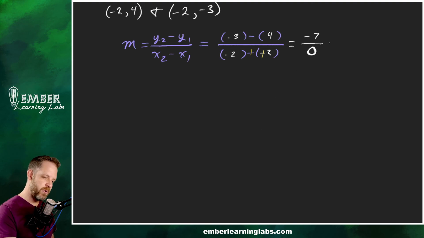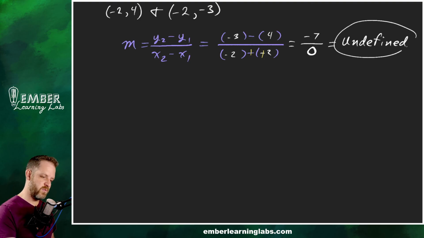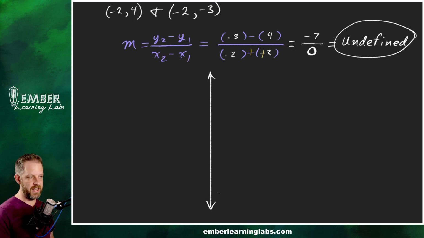So this slope is undefined. What that tells us, just worth noting, we'll see some examples of this in the next unit, is that this line is a straight up and down line. So this line looks like that right there. We'll talk more about that in the next unit.